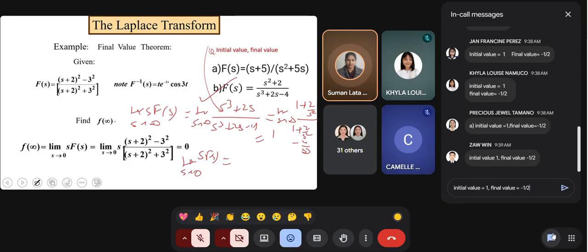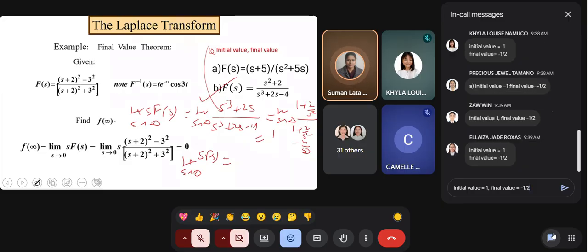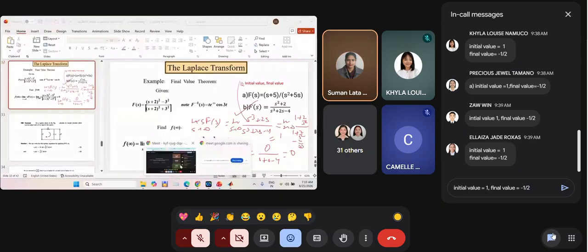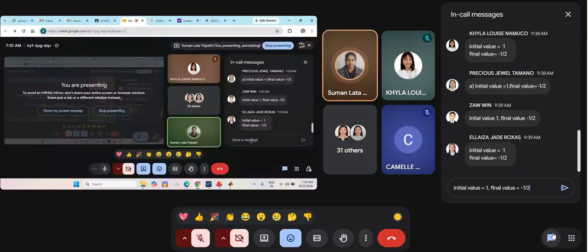If you put 0 here, 0 plus 2 into 0, so the numerator will be 0, and the denominator will be 0 plus 0 minus 4. So 0 divided by minus 4, which is a finite value. Anything multiplied by 0 is 0, because this is a finite value, so the answer will be 0 only. So here the correct answer for this is what? Minus 1 by 2.